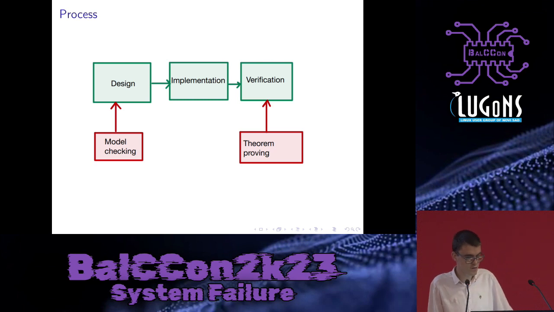We start from design, then we implement some system, and then we do some kind of verification where we verify if our system is correct. Usually in software, we develop some software architecture, then we implement it in some programming language, do some integration and configuration, and then we verify it, usually with unit tests, integration tests and system tests.